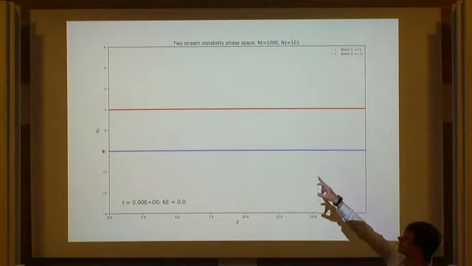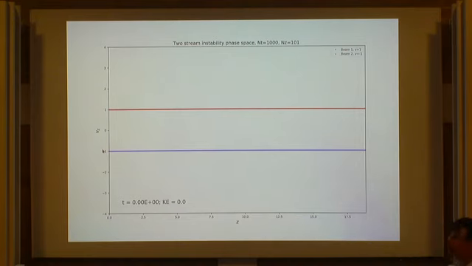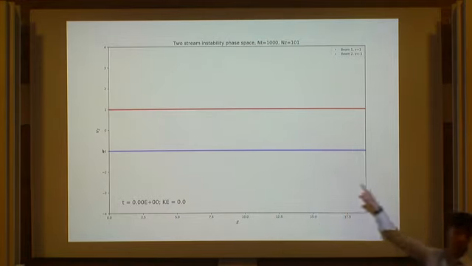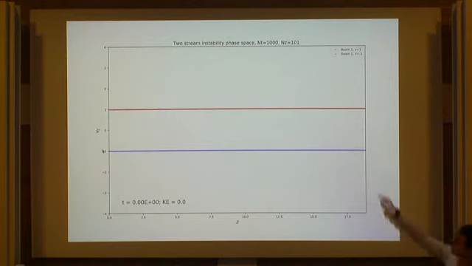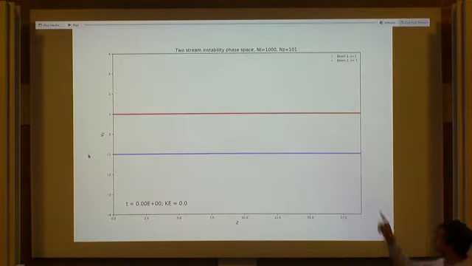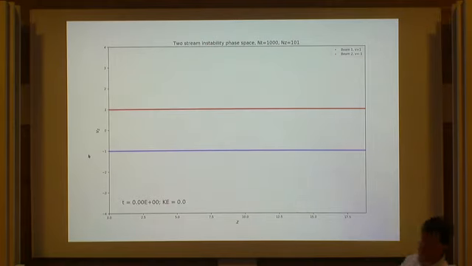This is position, velocity, and what you see here is that there are 1,000 particles, which are all on a line there. So it's actually 1,000 individual points, but you just see it as a line. So they go with velocity -1, and then the red particles go the other way.